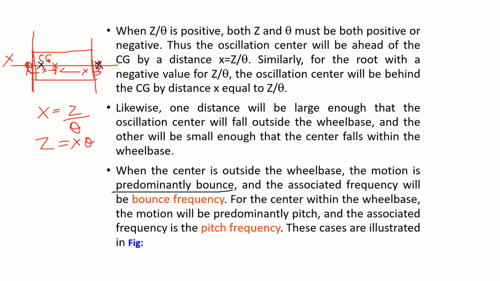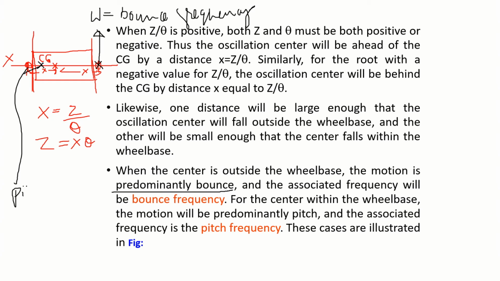So whatever frequency I get for that, where you get the negative value, that frequency is the bounce frequency. And this one is the pitch frequency. For the center within the wheelbase, the motion will be predominantly pitch, and the associated frequency is the pitch frequency.